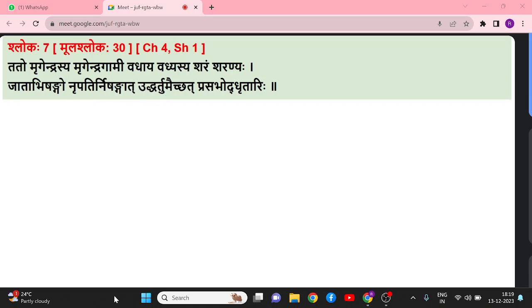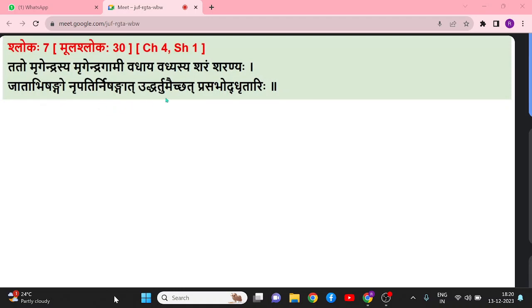Uddhartumaichat. Can it be nrunampatihi? It is nrunam patihi only, no? Nr shabda only. Okay. Nru dirgha, I think it will be dirgha. Nrunam patihi. Let me check. Yeah, it is nrunampatihi. Nrunam patihi it will be. Yeah. One second. Nrupatihi, nr shabda, right? Yeah.